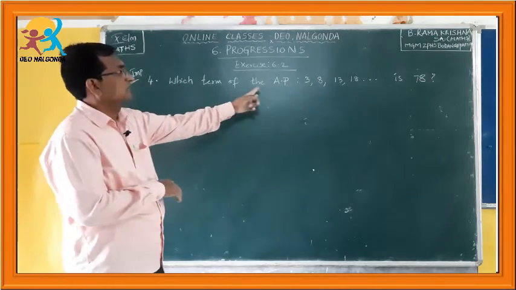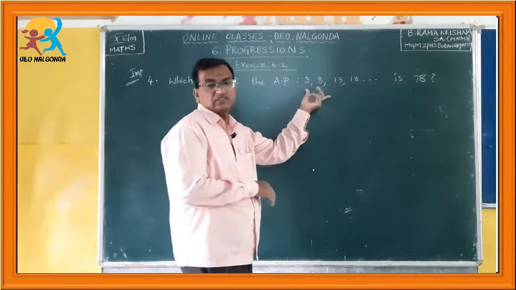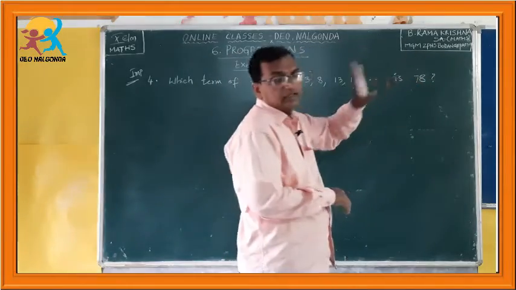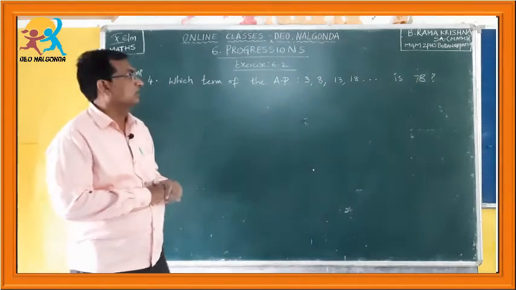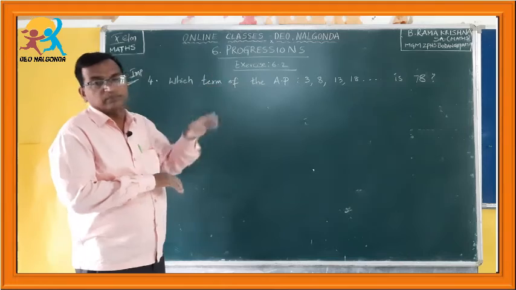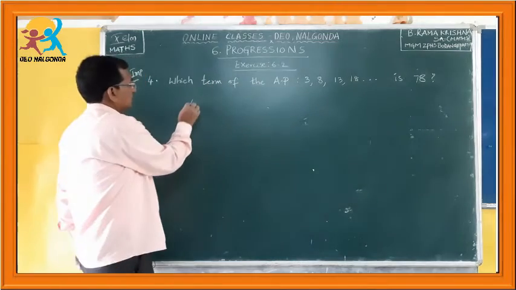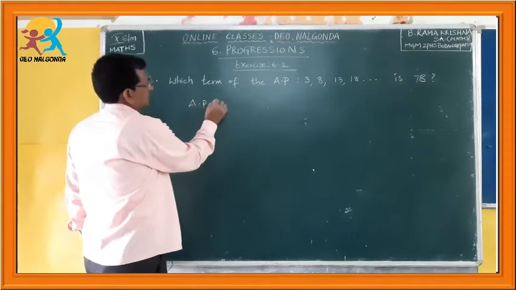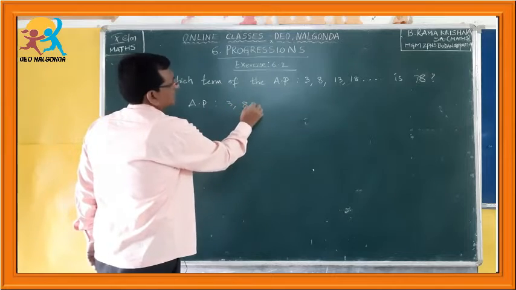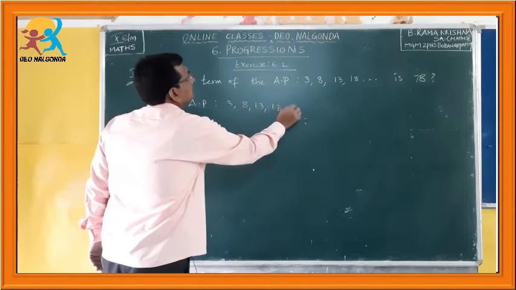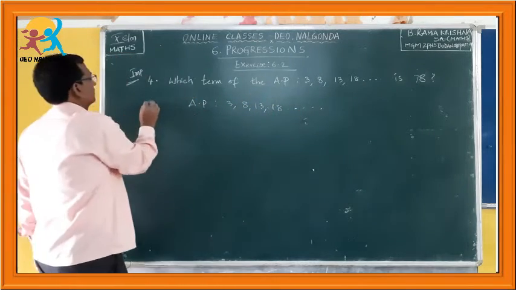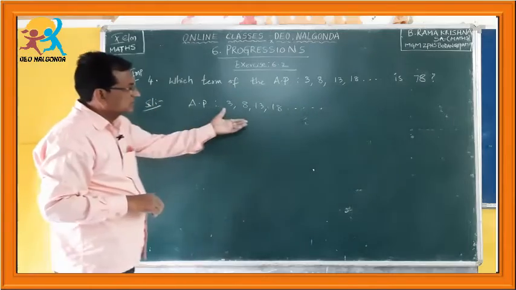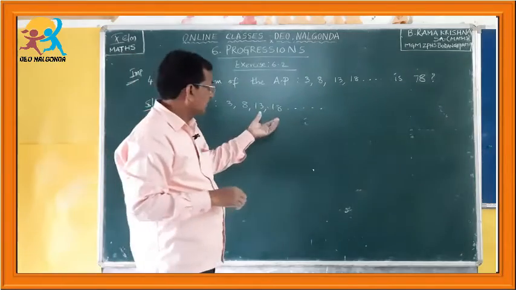Which term of the arithmetic progression is 78? Means, in that arithmetic progression, what is the AP? AP is 3, 8, 13, 18 and so on. This is the arithmetic progression given.